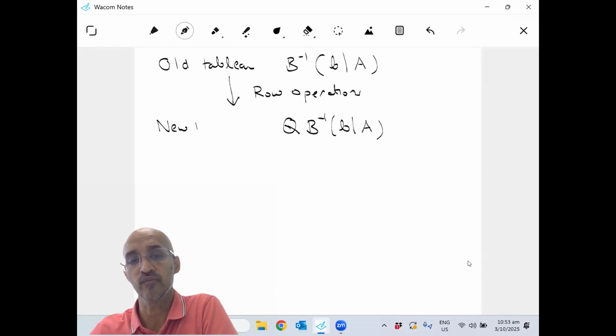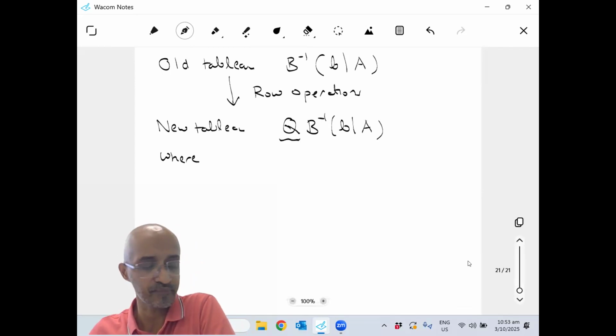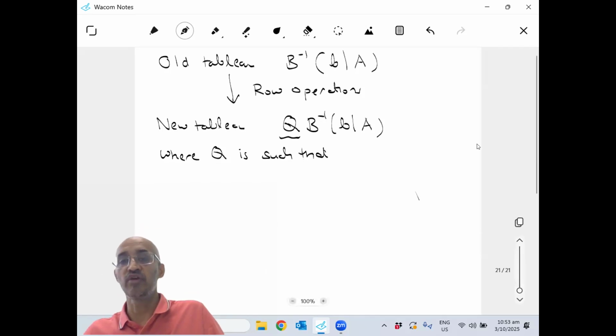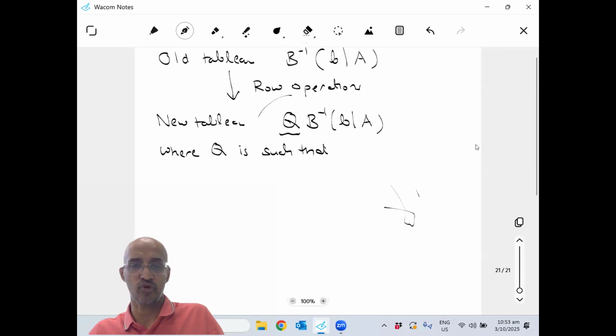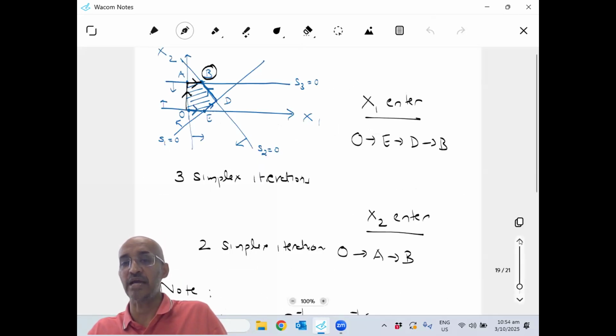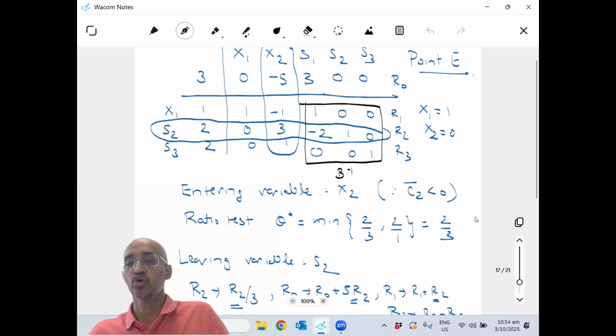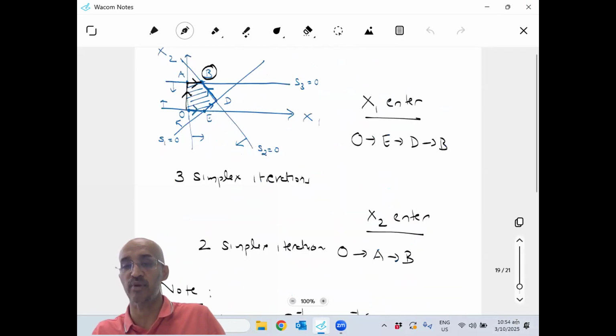How is Q chosen? What should Q satisfy? In my row operations, every time what I did was I tried to make this a unit vector 0, 1, 0. I converted this back to an identity matrix basically.